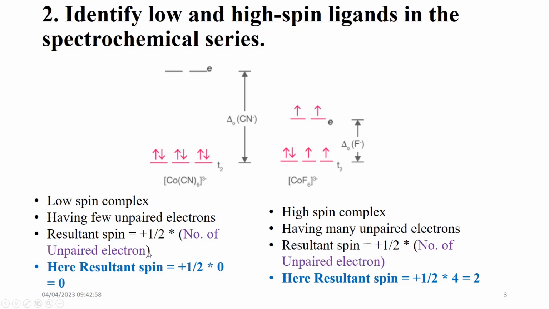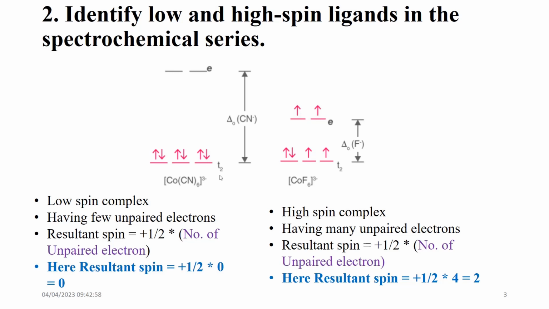Now, let us turn to ligands. Those ligands which form high spin complexes are called high spin ligands, like this one. And those ligands like cyano, which form complexes with low spin, are called low spin ligands. Basically, it depends on their ability to cause splitting of the degenerate orbitals into a high energy separation.